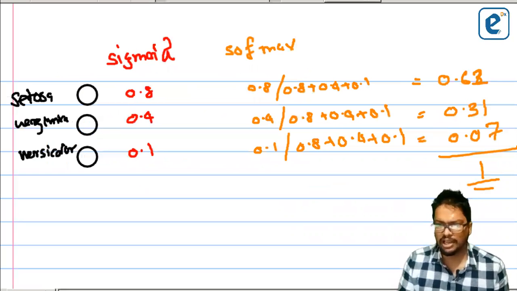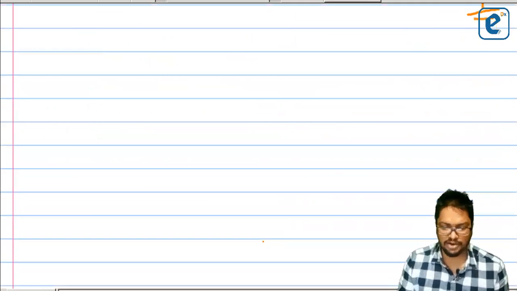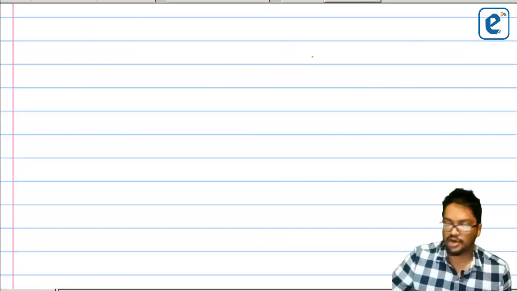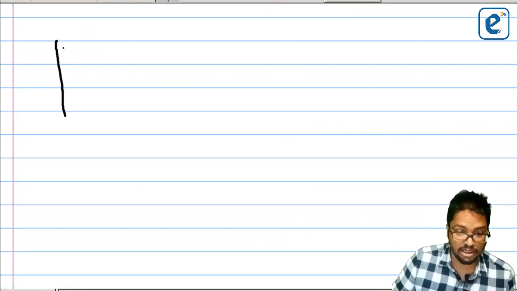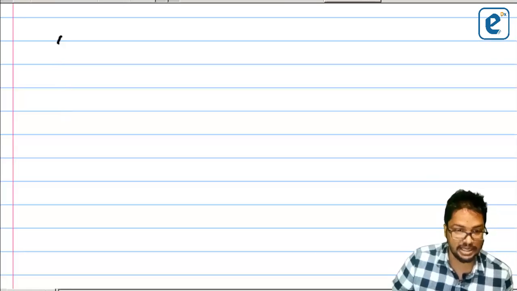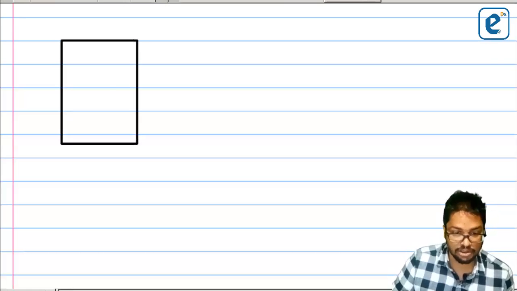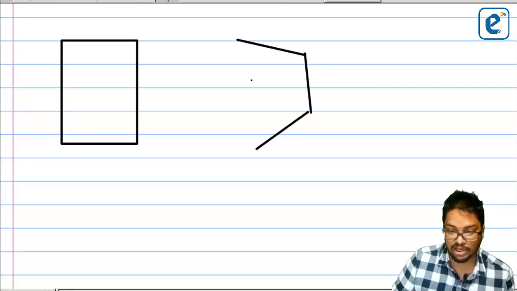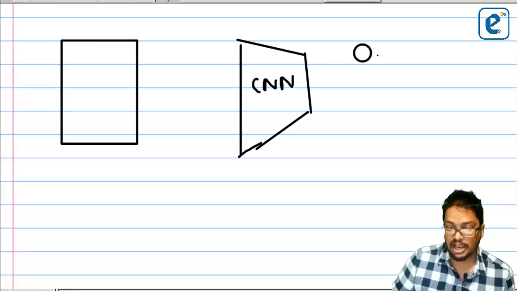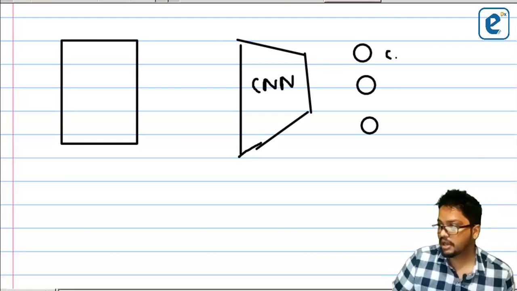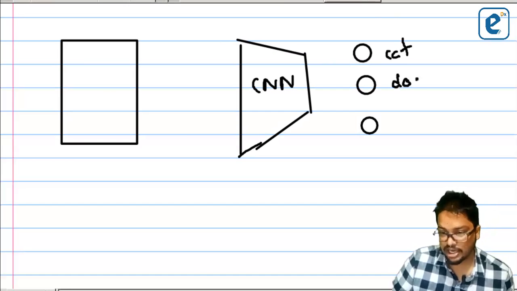For example, let's say we have designed a neural network for image classification, where we input an image, and there will be a neural network, let's say a convolutional type neural network. And this neural network is going to predict, let's say, three things: whether this is a cat, dog, or a rabbit.